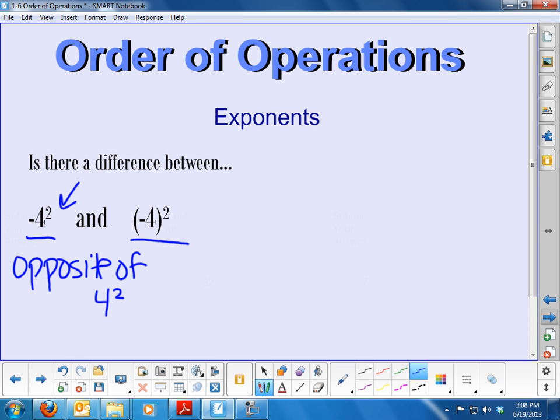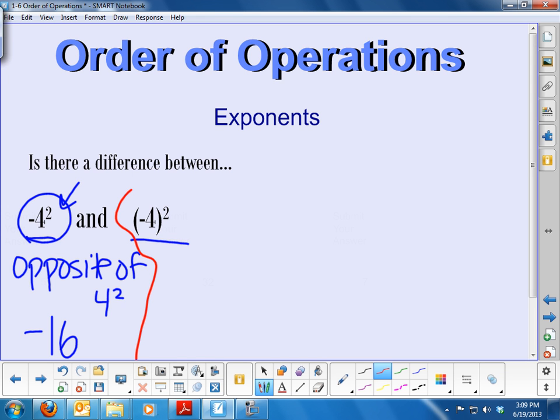Well, 4 squared is 4 times 4, 16. The opposite of 16, guys, is negative 16. So that's the result when I take this problem right here and I read that out loud, the opposite of 4 squared.